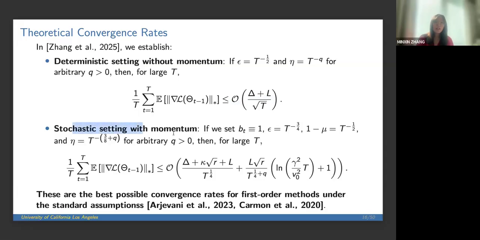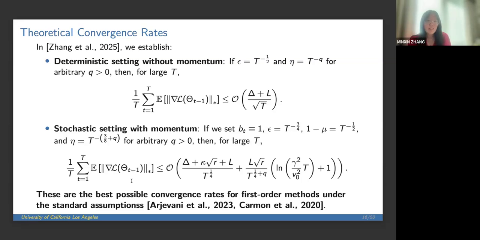And in the stochastic setting with momentum, if we set our hyperparameters like this, then for large t, this algorithm converges to a stationary point at a rate of big O of 1 over t to the power of 1/4.